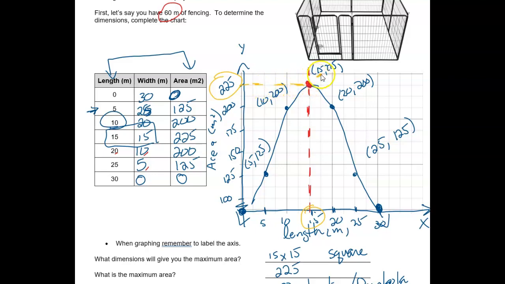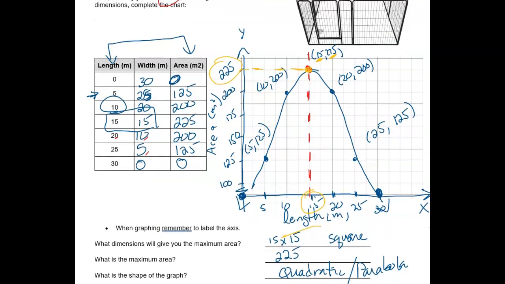It's going to tell you the length that gives you the maximum area, and it's going to tell you the maximum area. So at this peak here, at your maximum, if you look down, well, this is a length. It tells you the length that gives you the maximum area. So you get two pieces of information from that.